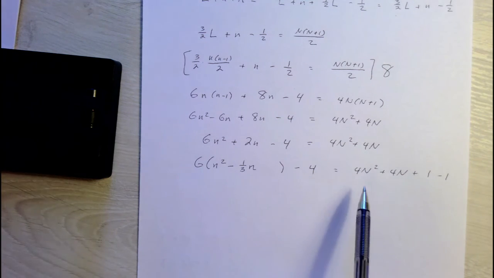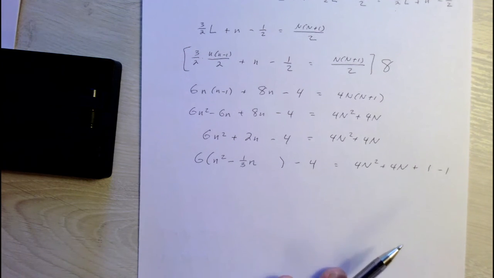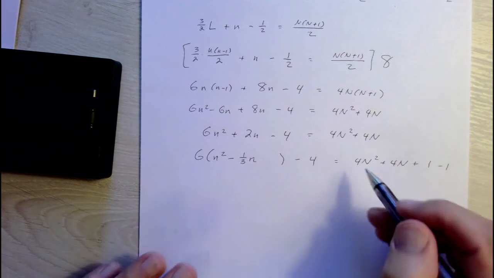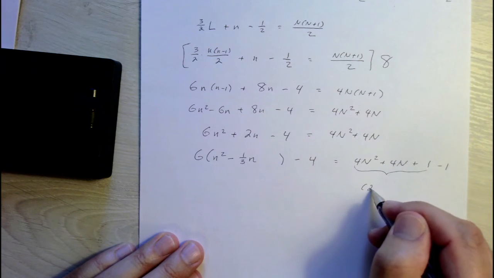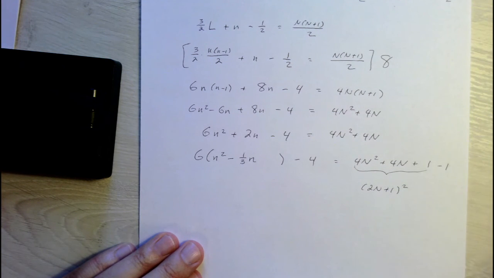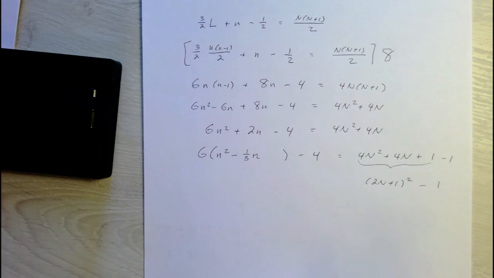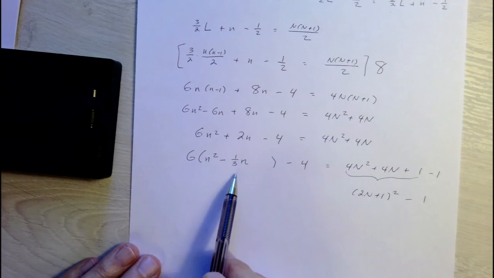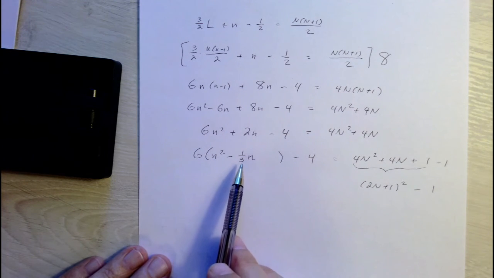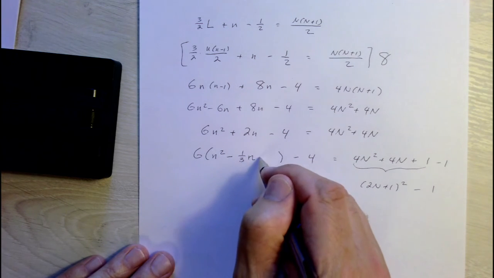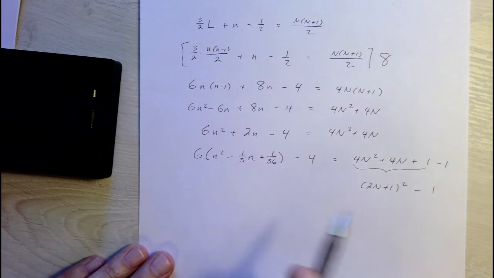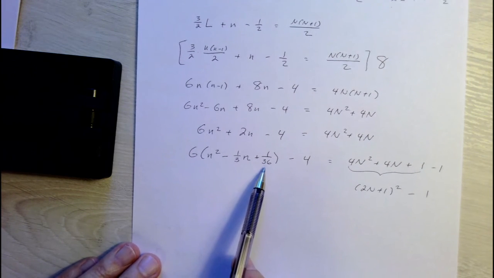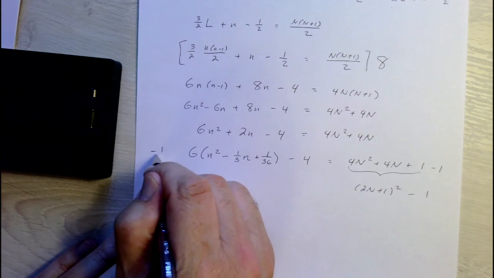So we actually factor out 4. I think you can figure out why this works, because this now becomes 2n plus 1 squared minus 1. And on this side, we're going to add and subtract something. We'd like to complete the square here. So this is 1/3 times 1/2, that's 1/6. 1/6 squared is 1/36. So we're not really adding 1 over 36, we're adding 6 over 36, or just 1/6. So we also have to subtract 1/6 as well.